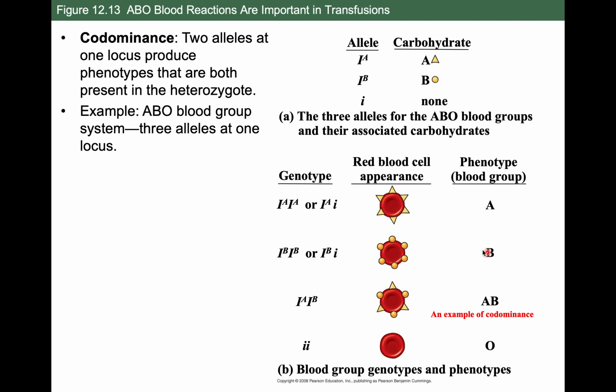So you'd be type B, and similar for type A. Okay, so three alleles, multiple alleles, and codominance in that if you have the A and the B alleles, you see both phenotypes. Okay, so multiple alleles, codominance versus incomplete dominance.